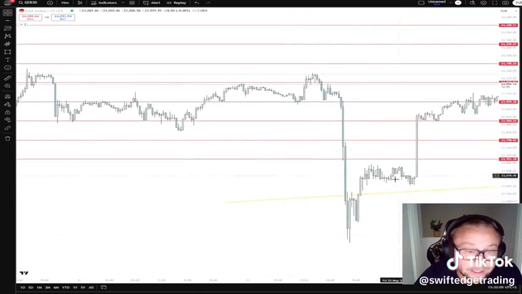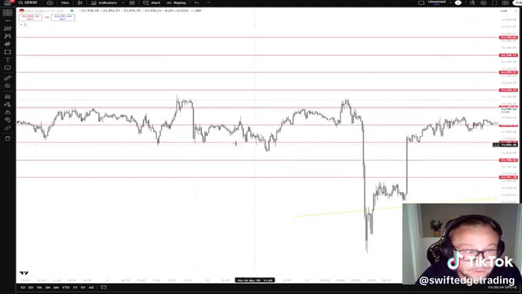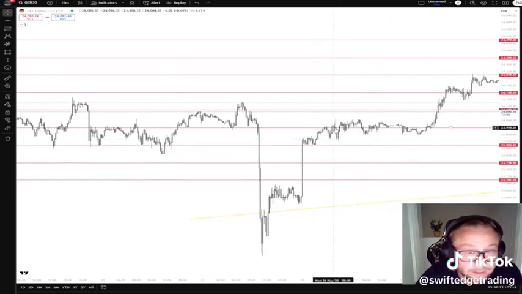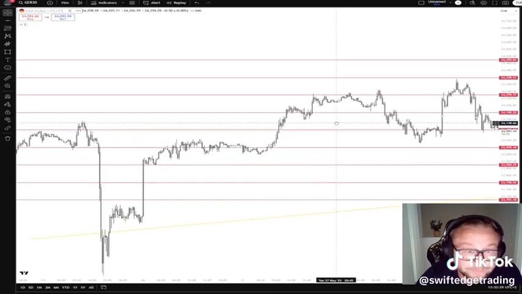So now we're getting in. Now I have not drawn up this stuff, but we ended up back in the resistance zone. So this was just a huge manipulation move, and we ended up back in the zone again. We went up to the 24,000 mark, and we broke it.